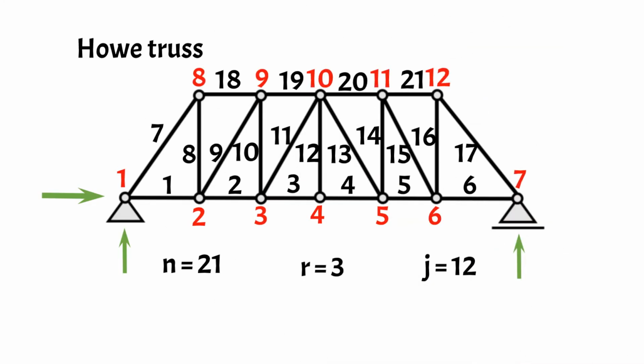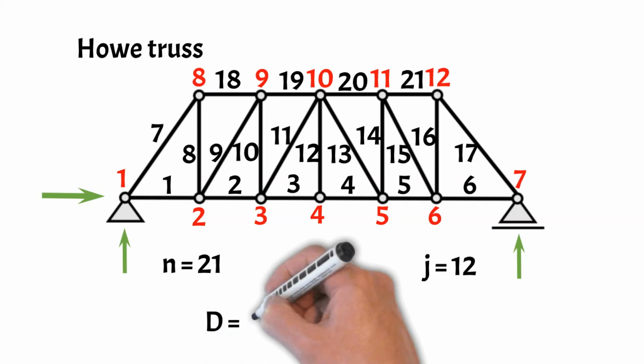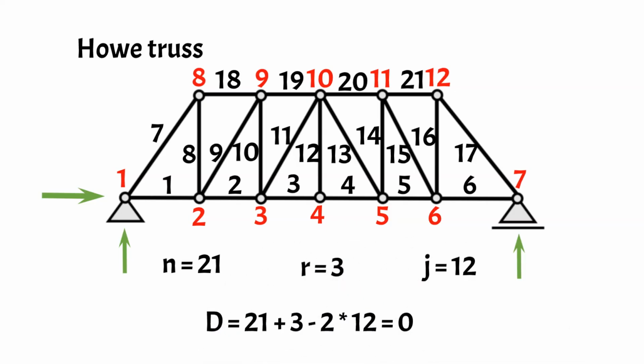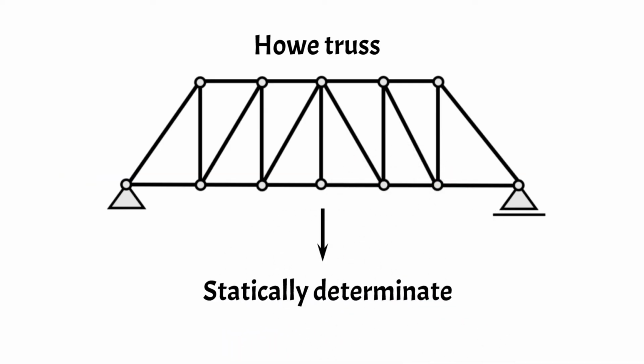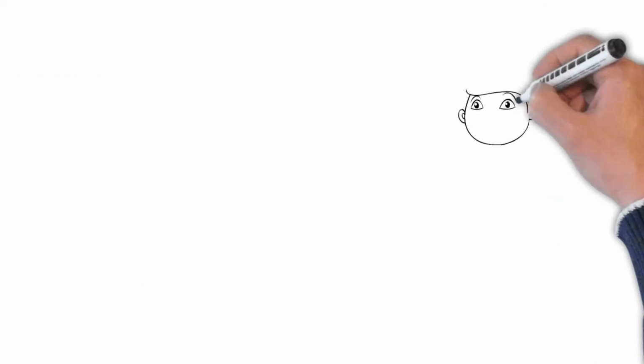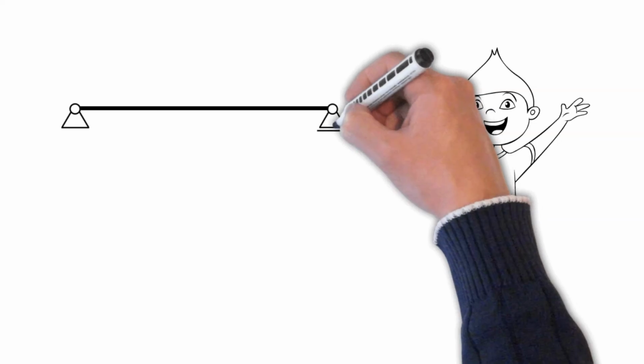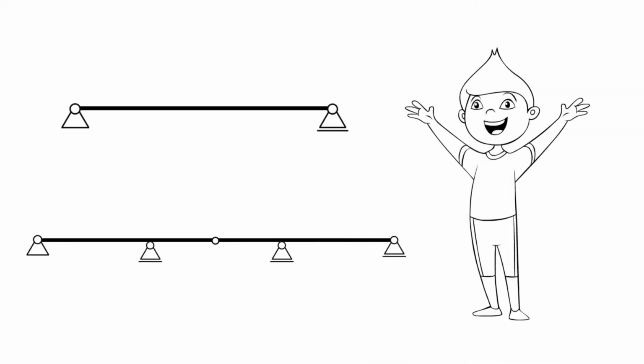Now if we plug that into our formula again, we get D equals 0. And that means again that the structure is statically determinate and that the reaction and internal forces can also be calculated by the 3 equilibrium equations. Now that you got introduced to statically determinate and indeterminate structures, it's time to calculate internal forces in one of the next videos. So stay tuned.